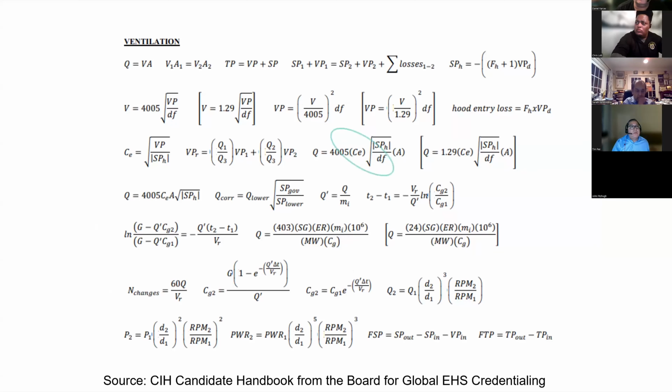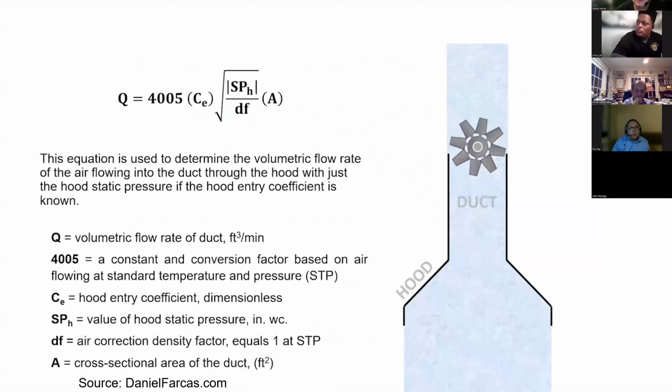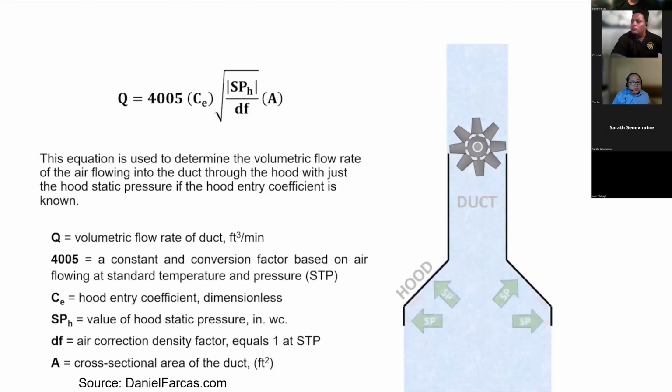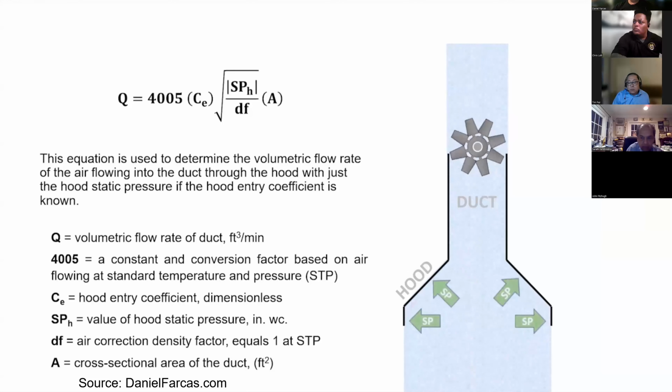Now let's go to another equation. This is a little bit more complicated. This equation is used to determine the volumetric flow rate of the airflow into the duct through the hood with just the hood static pressure, if the hood entry coefficient is known.